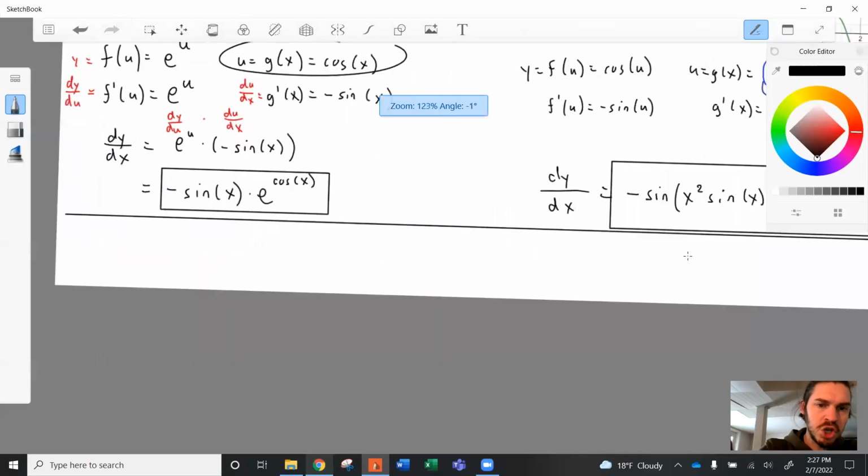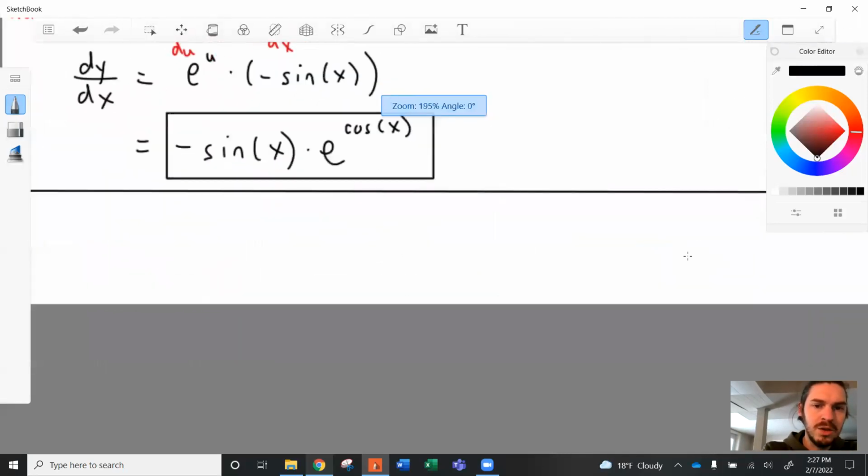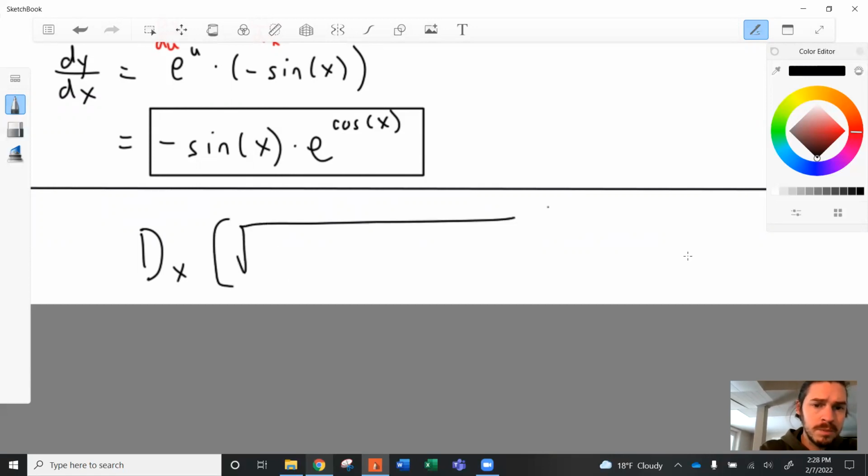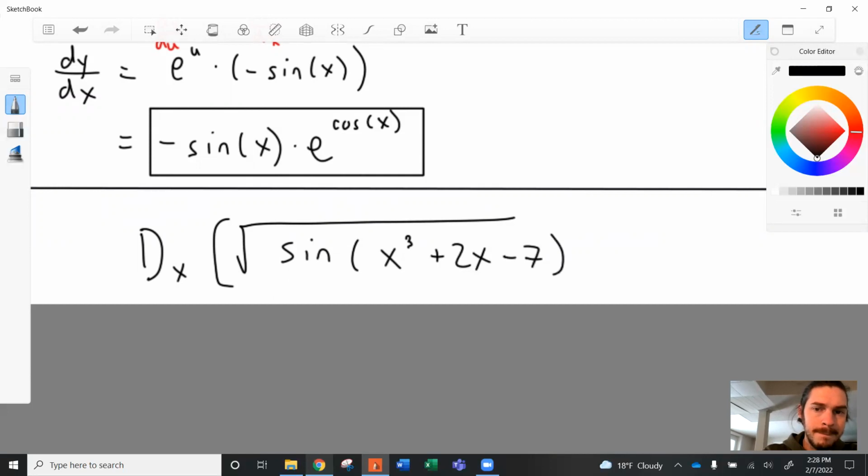So I'm just going to demonstrate to you what it can look like with just sort of a one-line derivative. Suppose you want to do the derivative of the square root of the sine of x cubed plus 2x minus 7. This is not only a composition of 2 functions, it's the composition of 3 functions.